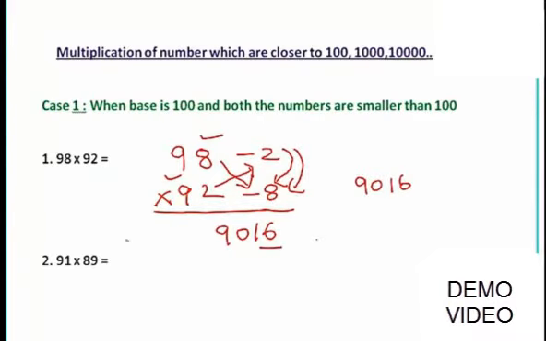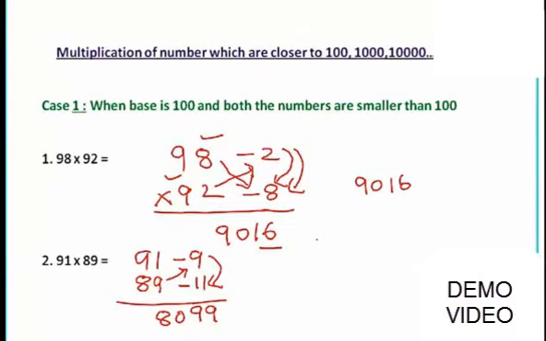It's minus 9 from 100, and it is minus 11 from 100. Now from these two numbers' multiplication, 11 into 9 is 99, and from the cross subtraction, either 89 minus 9 or 91 minus 11, we get 80. So the multiplication of 91 and 89 will produce 8099.